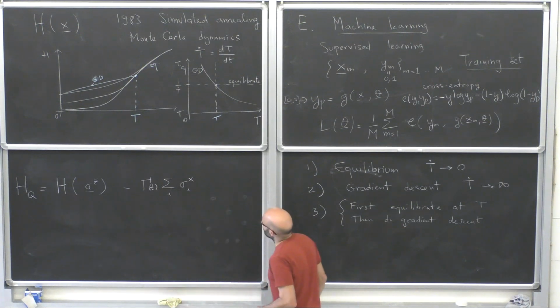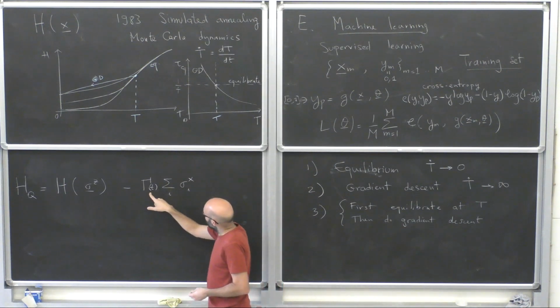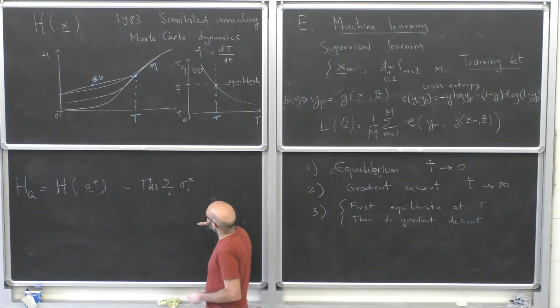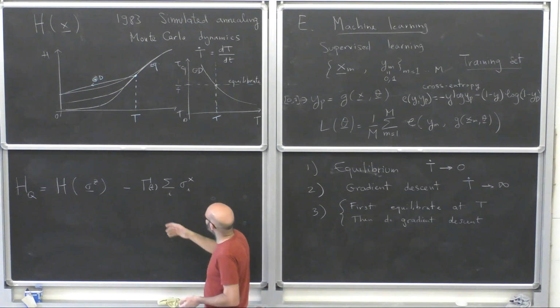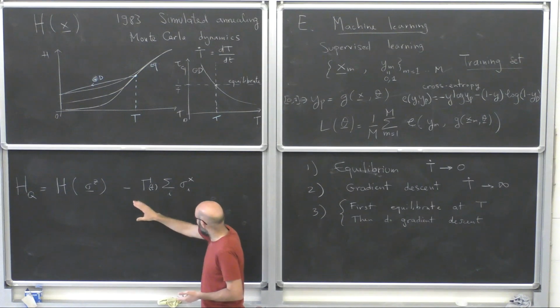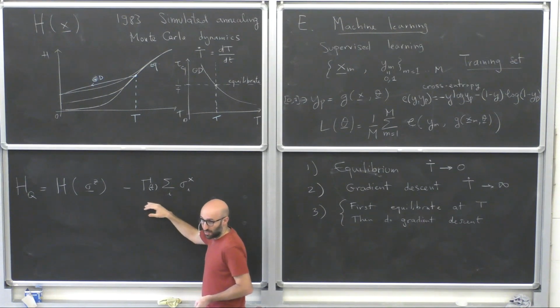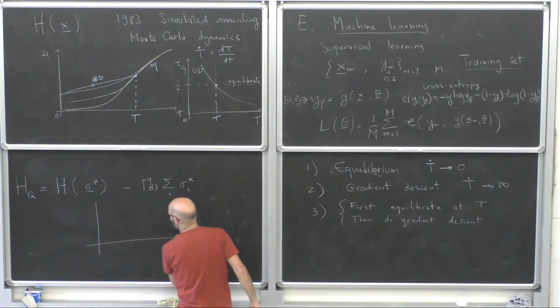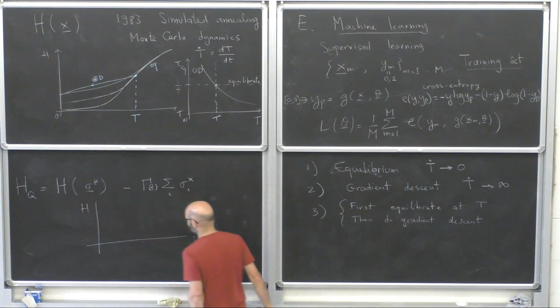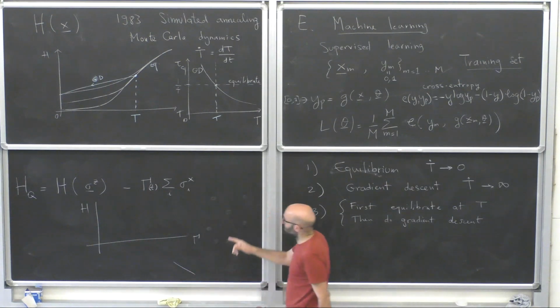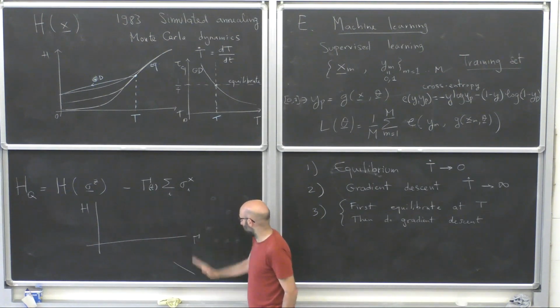And then you say, okay, now I reduce my transverse field. I do the quantum dynamics. If the system is adiabatic, I will stay in the ground state. So I can look at the Hamiltonian as a function of the transverse field. At very large transverse field, I get this polarized state.